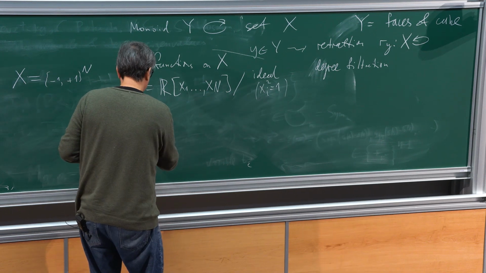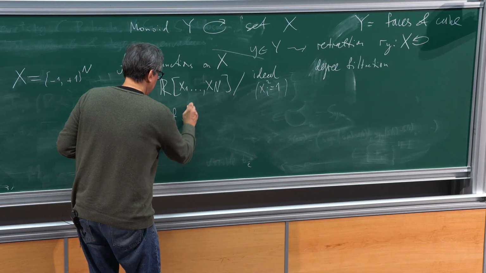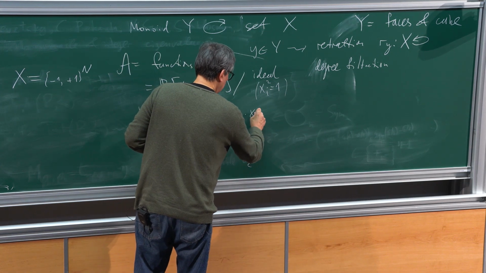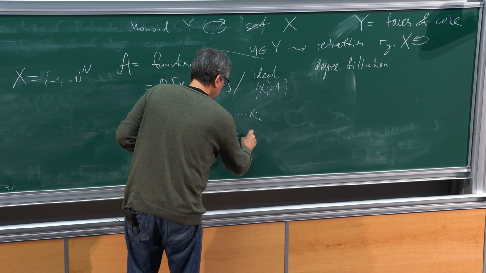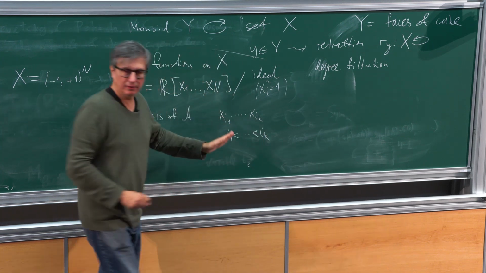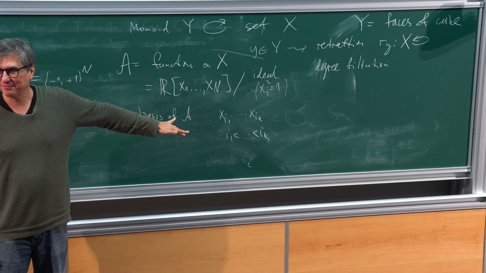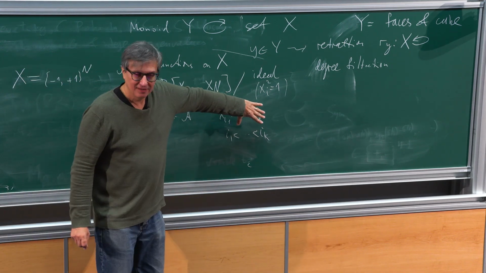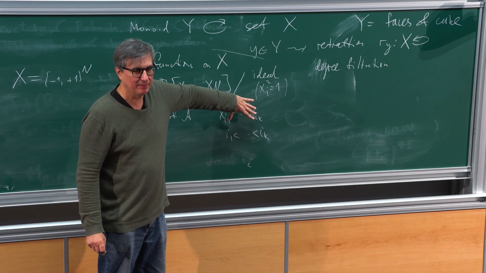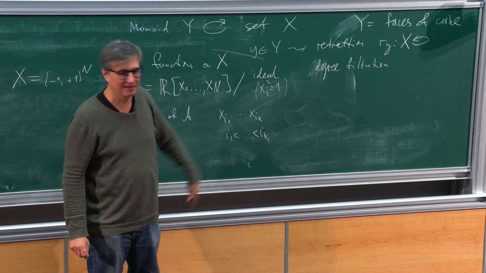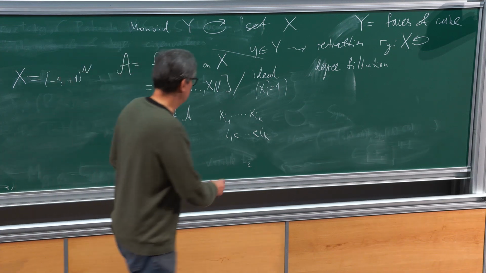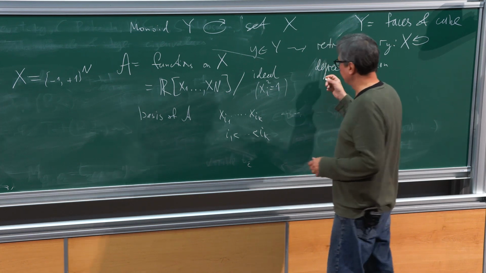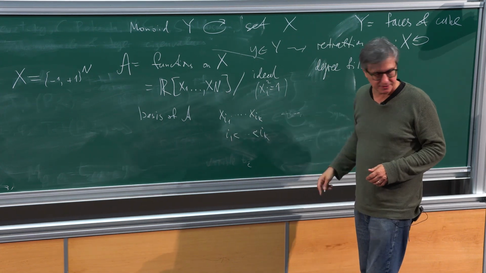The basis of this algebra is the product monomials without squares, because a square can be replaced by 1. And the degree of the polynomial, the filtration, is given by the length of this product. The degree filtration is obvious in this basis.